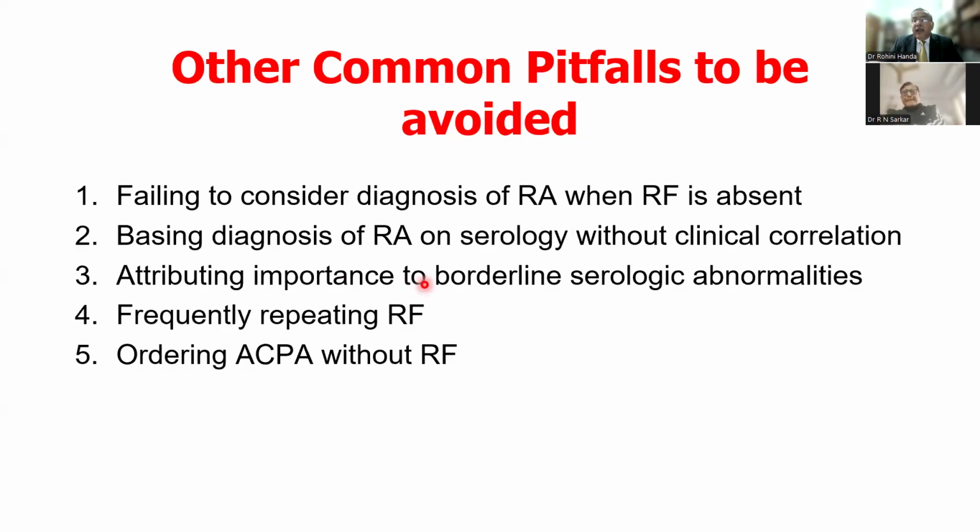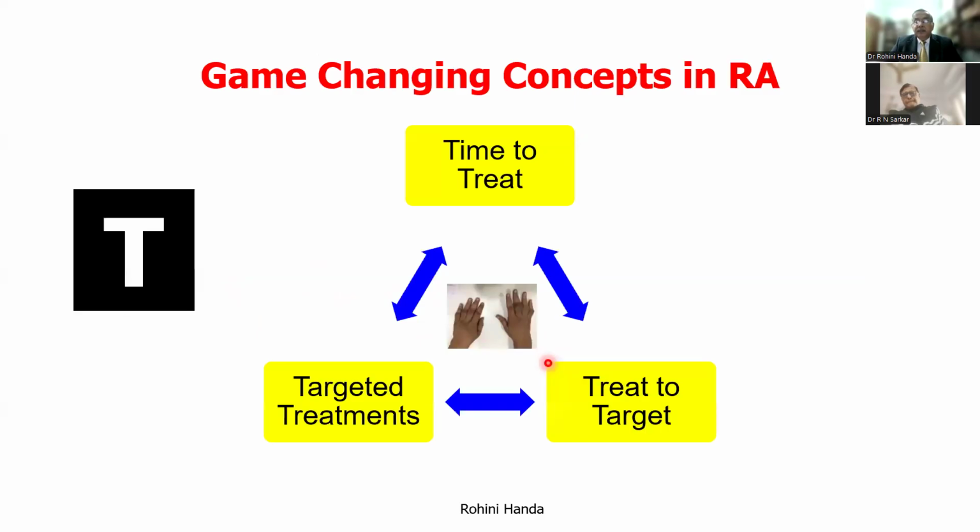It could just be viral hepatitis with joint pains and RF positivity. Be very reluctant to attribute importance to borderline serologic abnormalities. Frequent repetition of rheumatoid factor is a practice that should be discouraged. Disappearance of rheumatoid factor is not the goal of treatment, and do not put the cart before the horse. Do not order anti-CCPs without a basic rheumatoid factor.